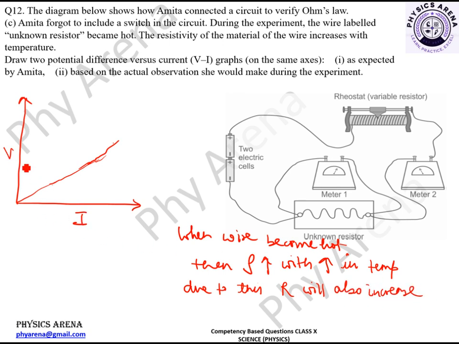And the VI relation will not be a straight line. Rather, it will be a line having a slope. So it will be having a slope like this. So this is the correct explanation for this. So this is for part 1. And for part 2, it will be slightly sloped and increasing in nature because the resistance is increasing with increasing temperature. So this is the answer for part C.